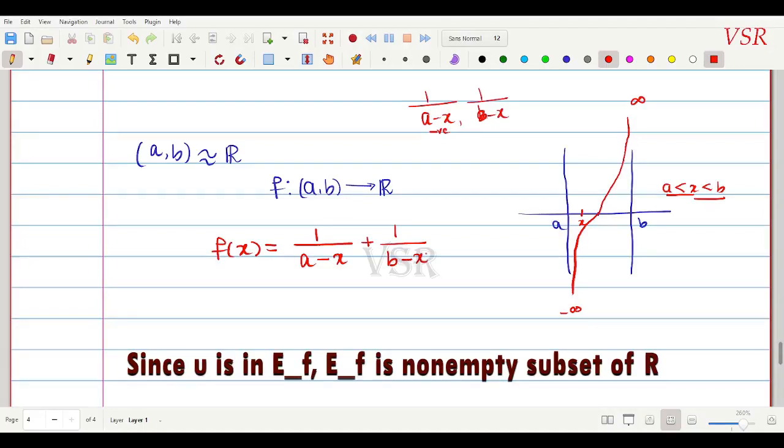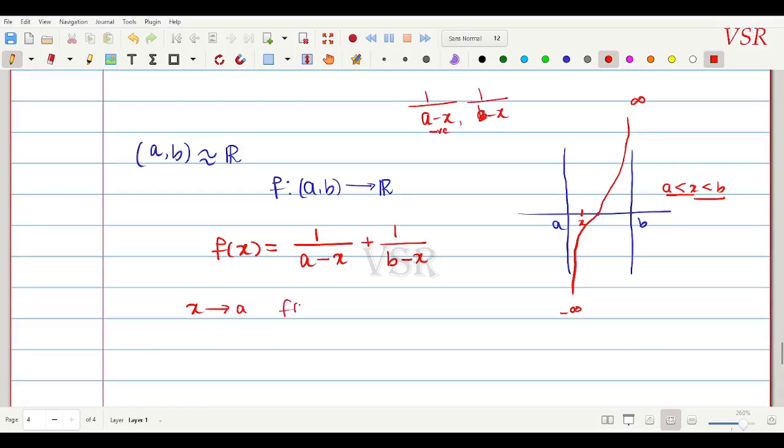So when x tends to a, f of x tends to minus infinity, and when x tends to b, this one diverges to plus infinity. The other term tends to the number 1 divided by a minus b.